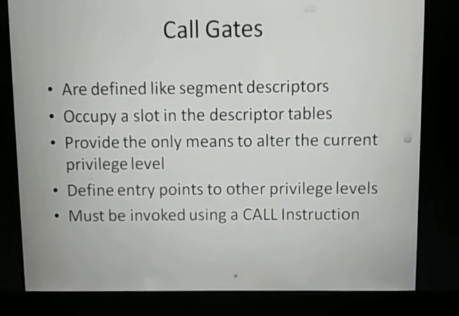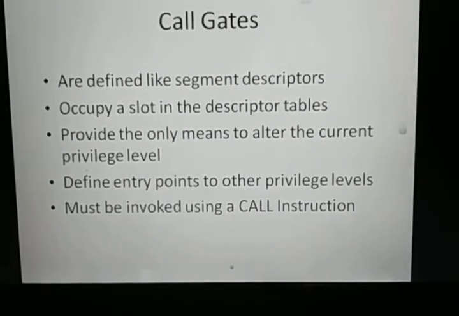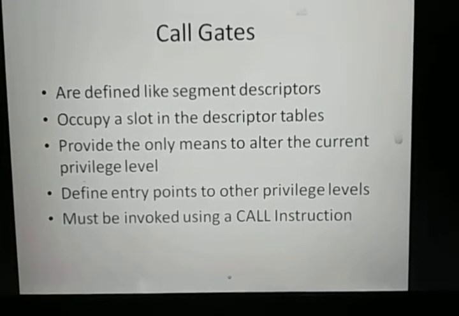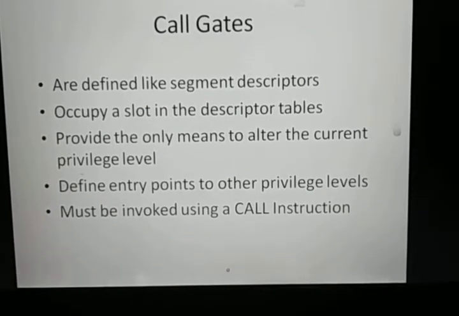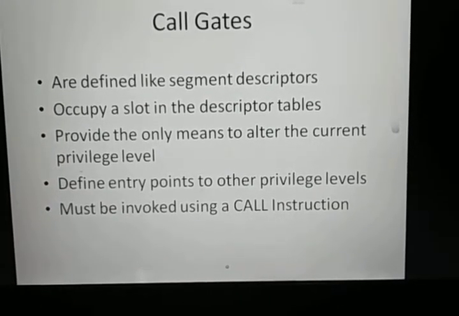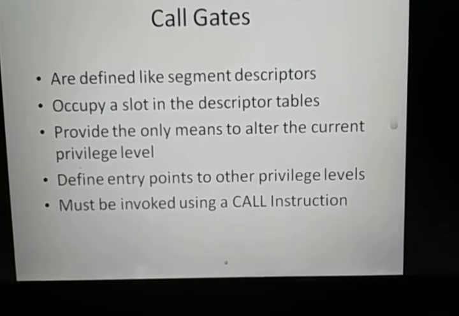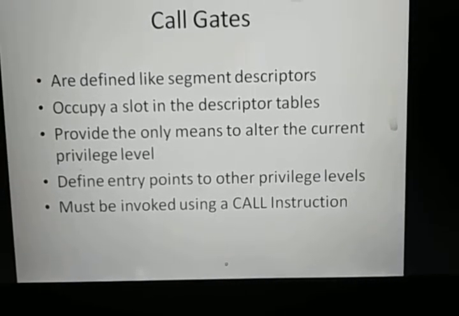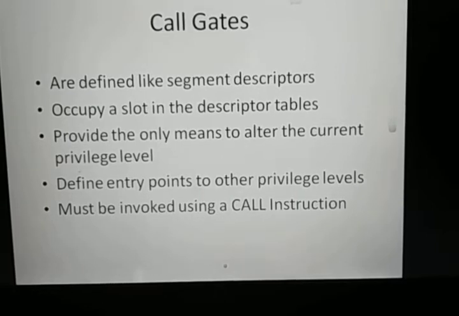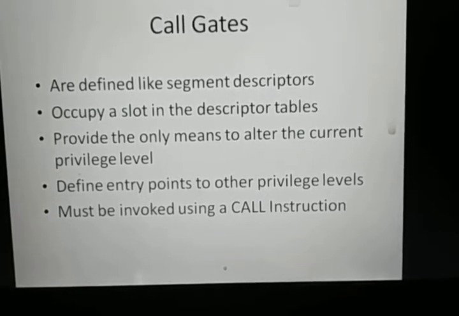So a call gate is defined like a segment descriptor, because a call gate is also a segment descriptor. It occupies a slot in the descriptor table, provides the only means to alter the current privilege level, defines the entry point to other privilege levels, and must be invoked using a call instruction.